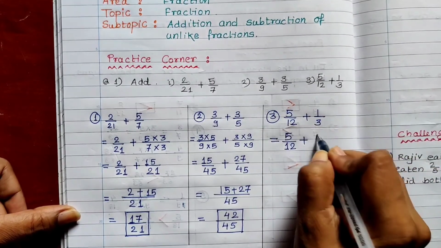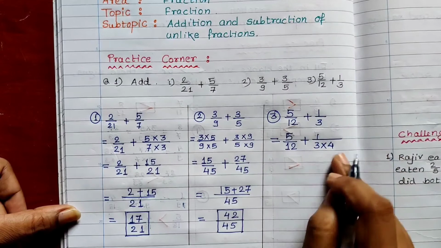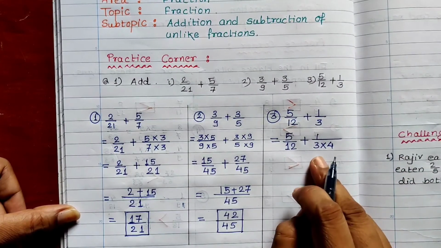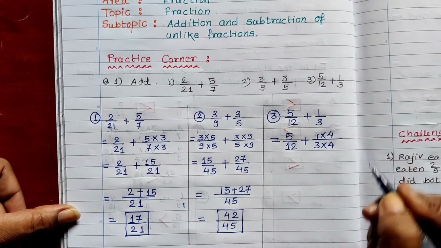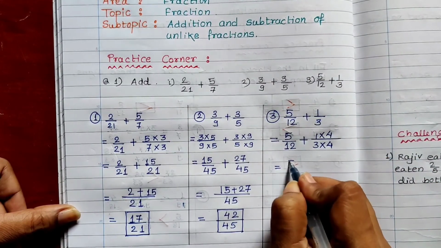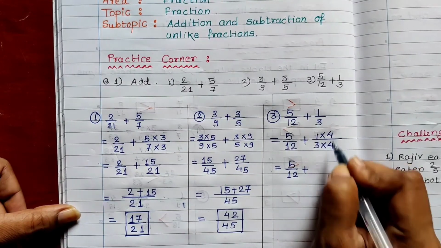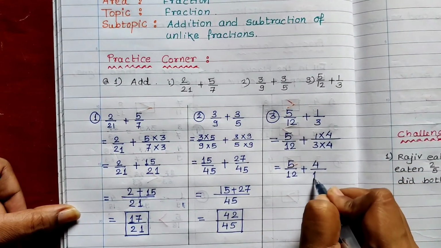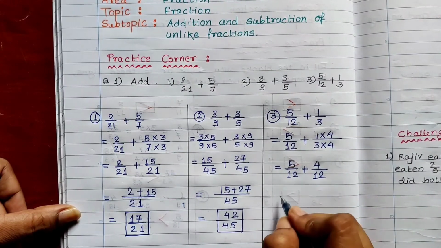For the second fraction, 1 upon 3, if you multiply 3 by 4, you get 12. Because we are multiplying the denominator by 4, we have to multiply the numerator by 4 as well. So what do we get? The first fraction again as it is, 5 upon 12, plus 4 1s are 4, 3 4s are 12. Now we are getting equal denominators. That means these are like fractions.